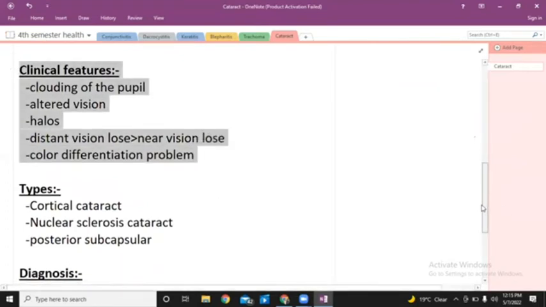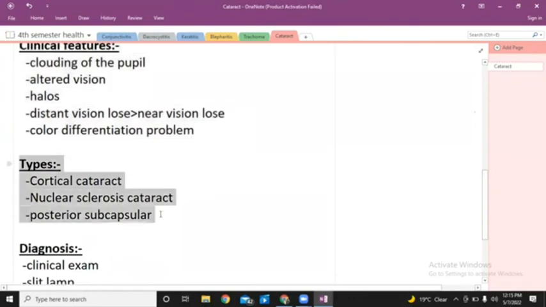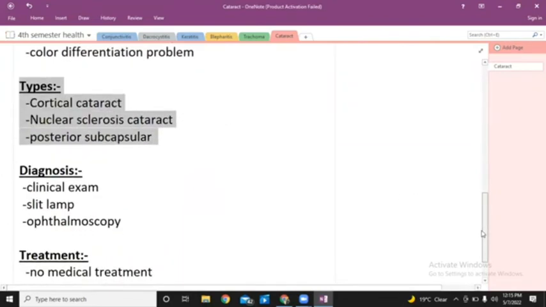As we have already discussed the types, let's jump into the diagnosis. How will you diagnose a cataract? Cataract can be very easily diagnosed by clinical examination or slit lamp examination, and you can do ophthalmoscopy.